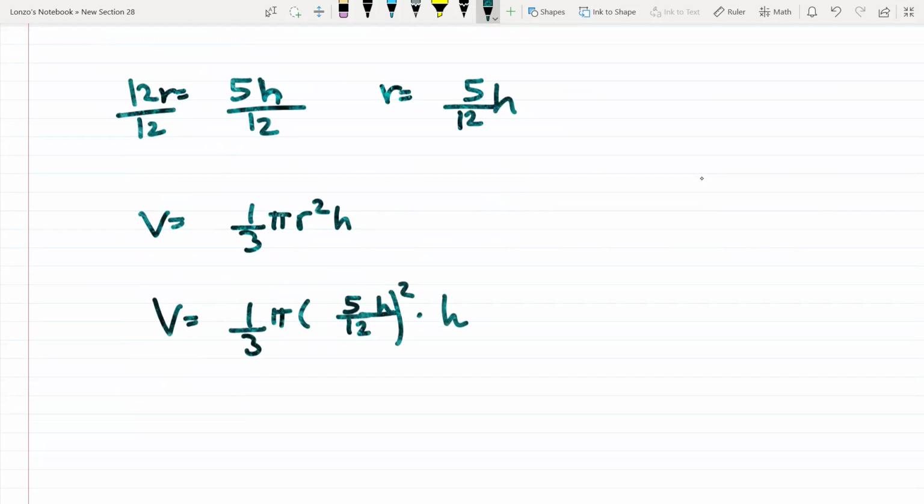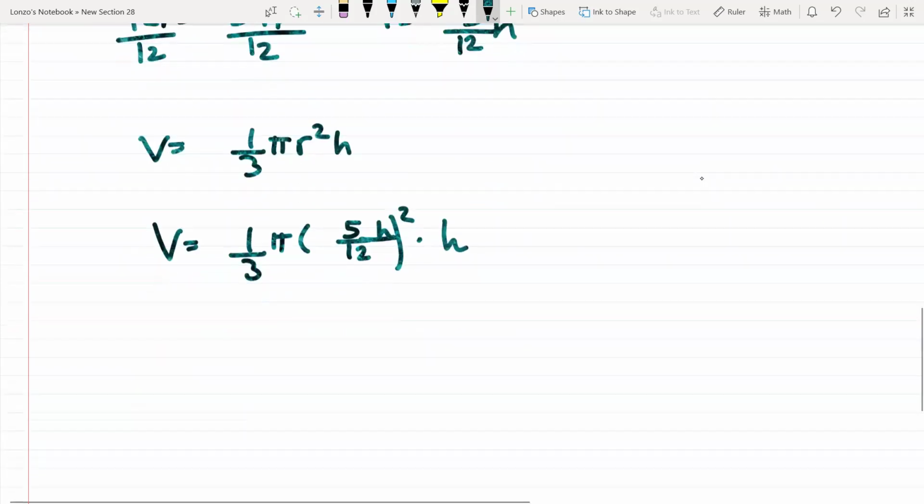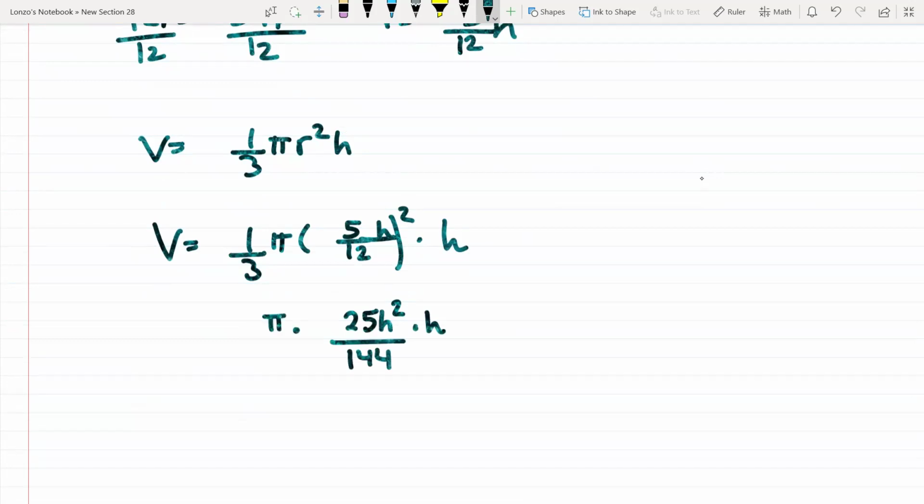So this would be 5 times h, 5h squared is 25h squared. 12 squared is 144 times h times pi over 3. And when you put it all together, you're going to get volume equals 25 pi h cubed over 432.